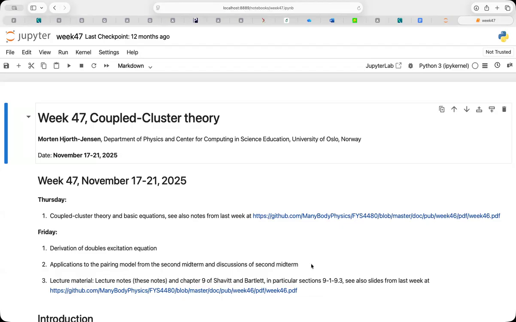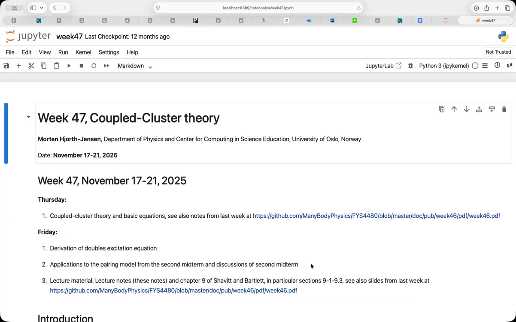In the second midterm, you are not asked to implement coupled cluster theory because we haven't finished the lectures before now, and then it would be way too late to include that in a midterm. But if you want to, in the final oral examination, you could take the programs which we have here, which is an implementation of coupled cluster doubles, and you could compare that with what you get from many-body perturbation theory and full diagonalization.